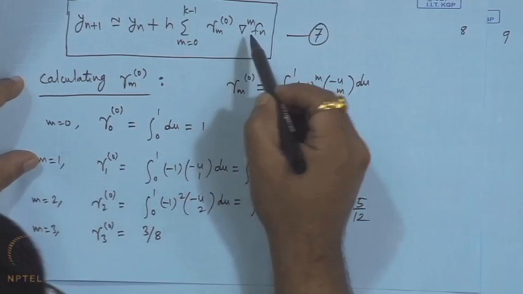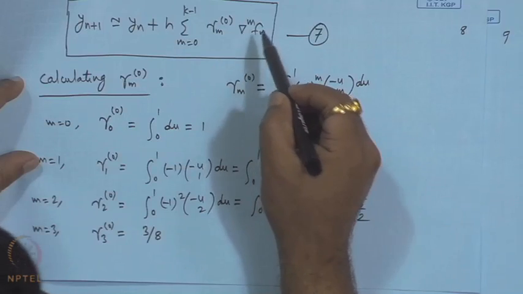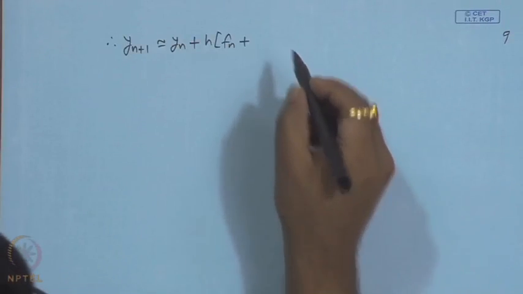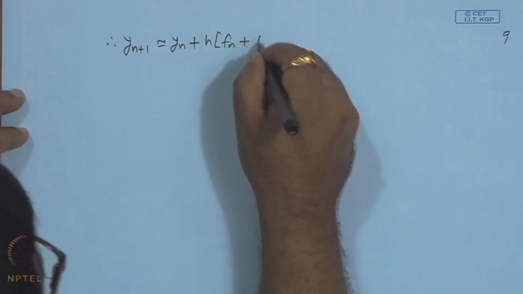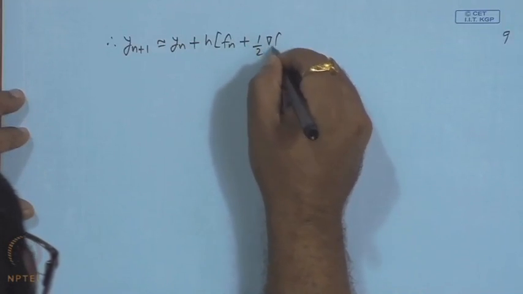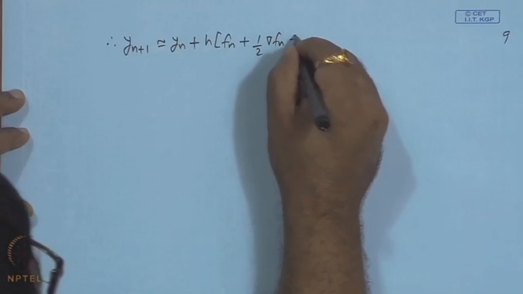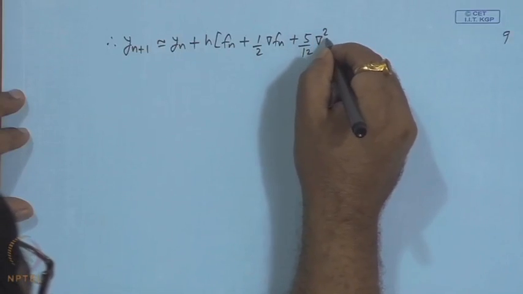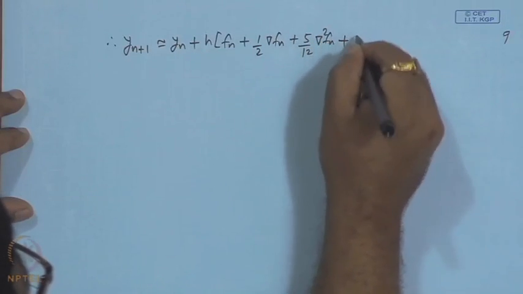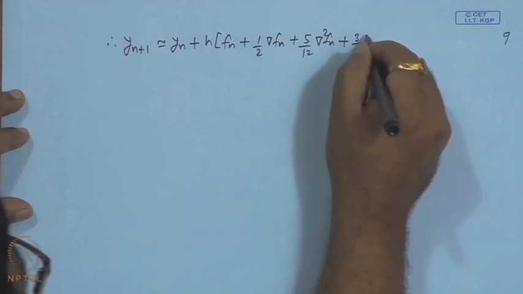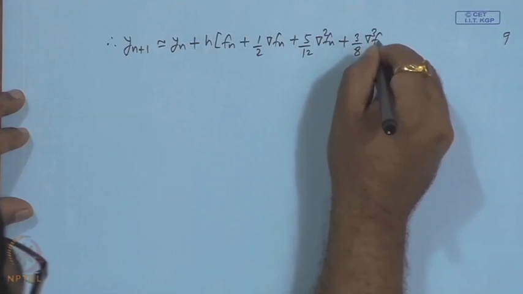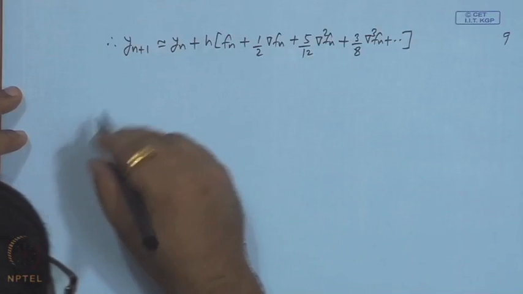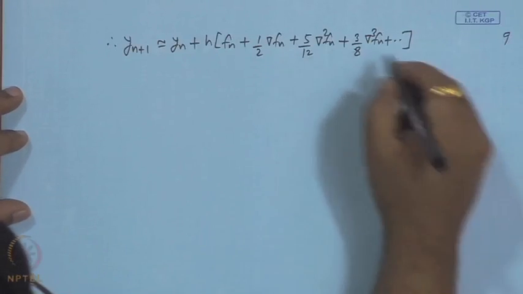So, therefore, the next term should be half del f n, right. Okay. So, half f n, 5 by 12, the second order differences, 3 by 8. Okay. So, this is the general formula.